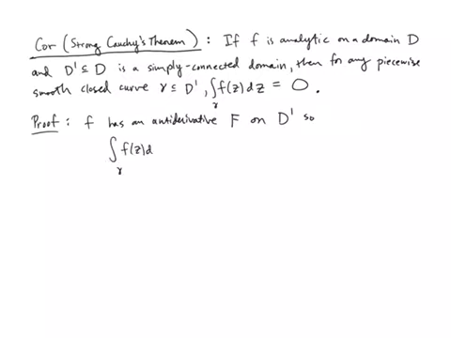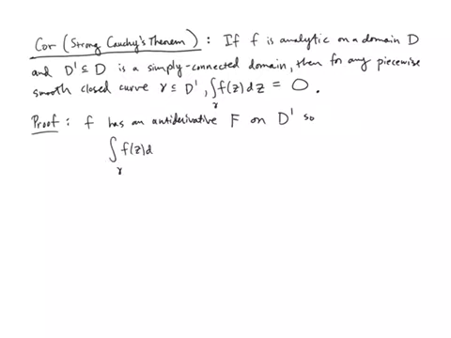So here's sort of the basic situation. Let's say this is D, and let's say our starting point z naught is here. If we draw a disk around z naught, then our function is identically 0 inside that disk, right?